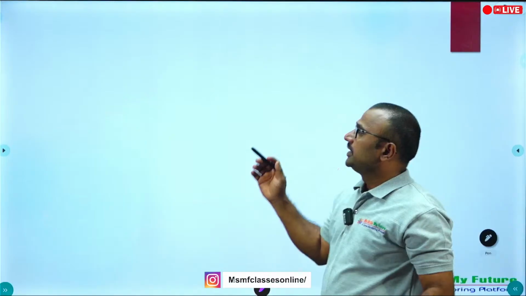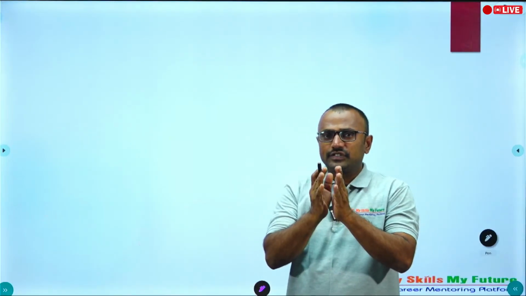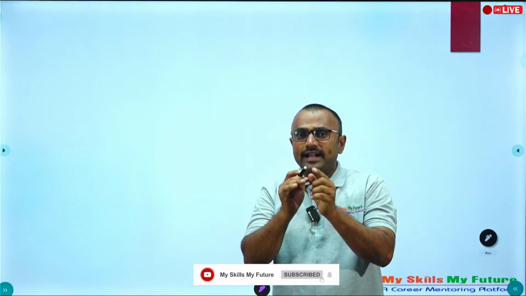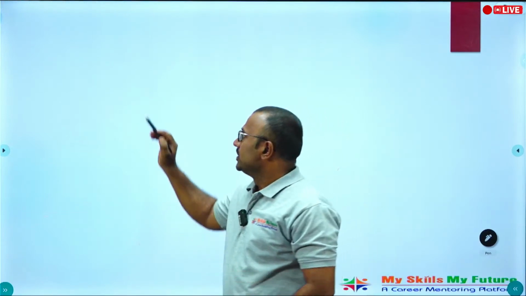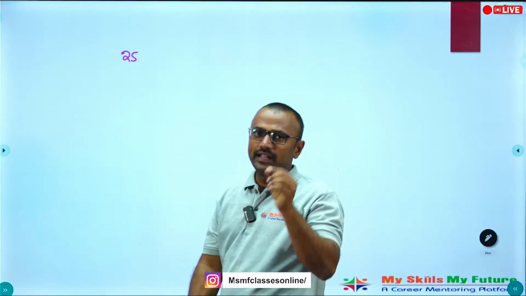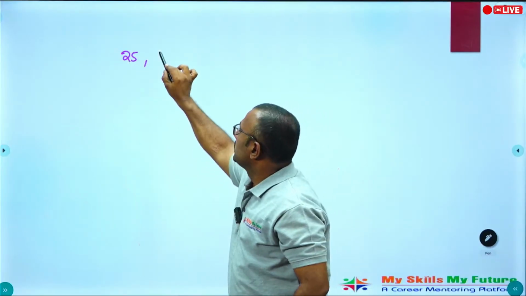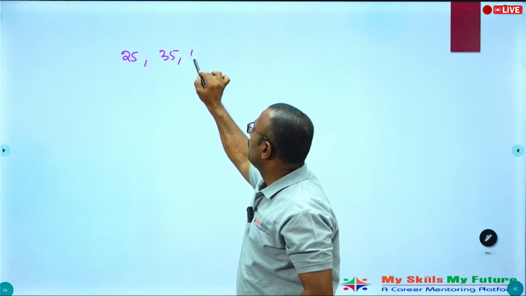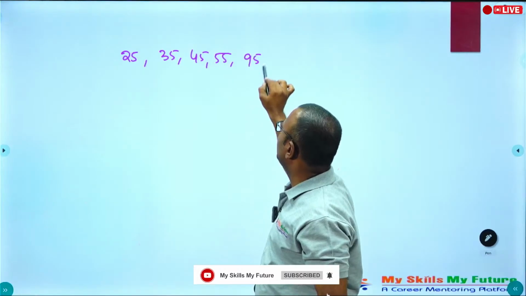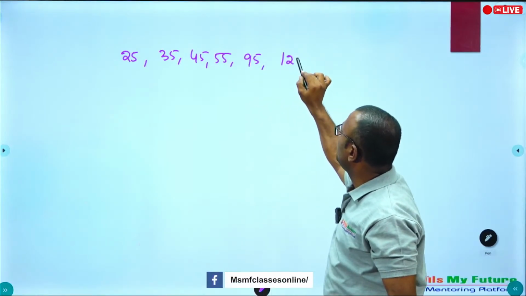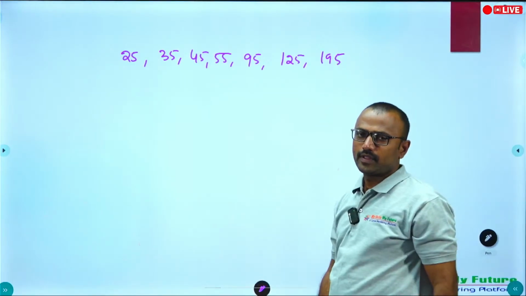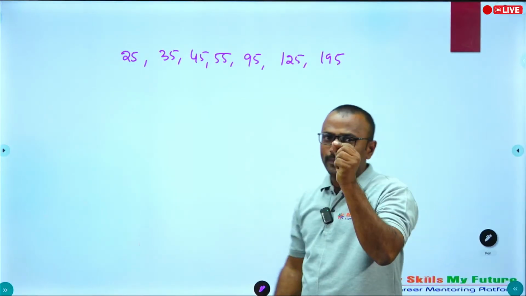See here, I will say a simple technique to find the square of a number that ends with 5. Suppose here we have the numbers 25, 35, 45, 55, 95, 125, 195, all ending with 5.